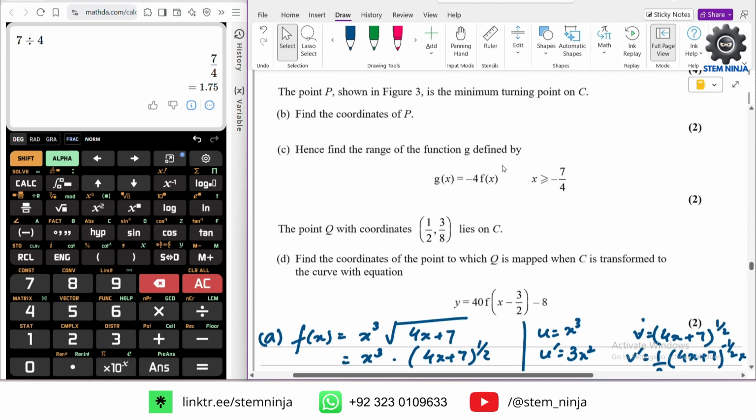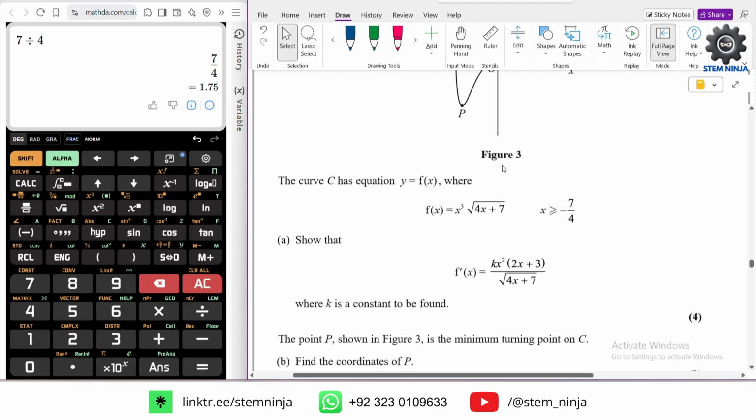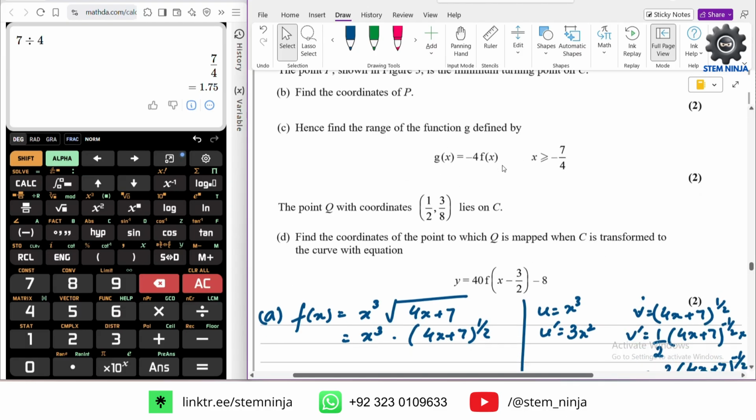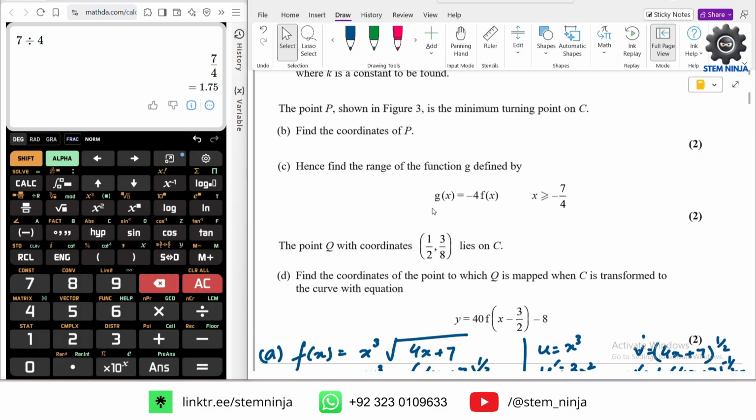Right, okay. Hence find the range of the function g defined by g of x equals 4 minus f of x.